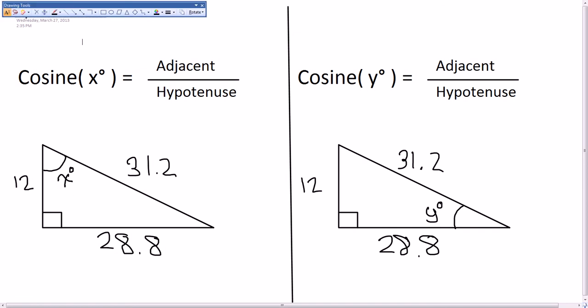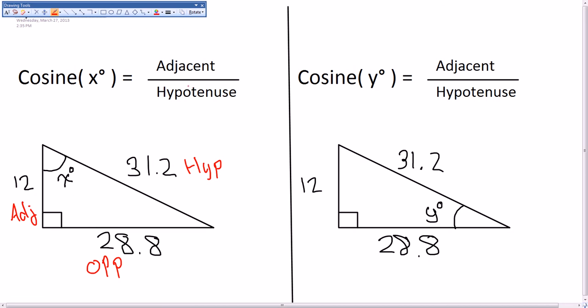Let's get started. Our very first step, as in all of these, is to find the relative naming. We've got our hypotenuse side, our opposite side, and our adjacent side.